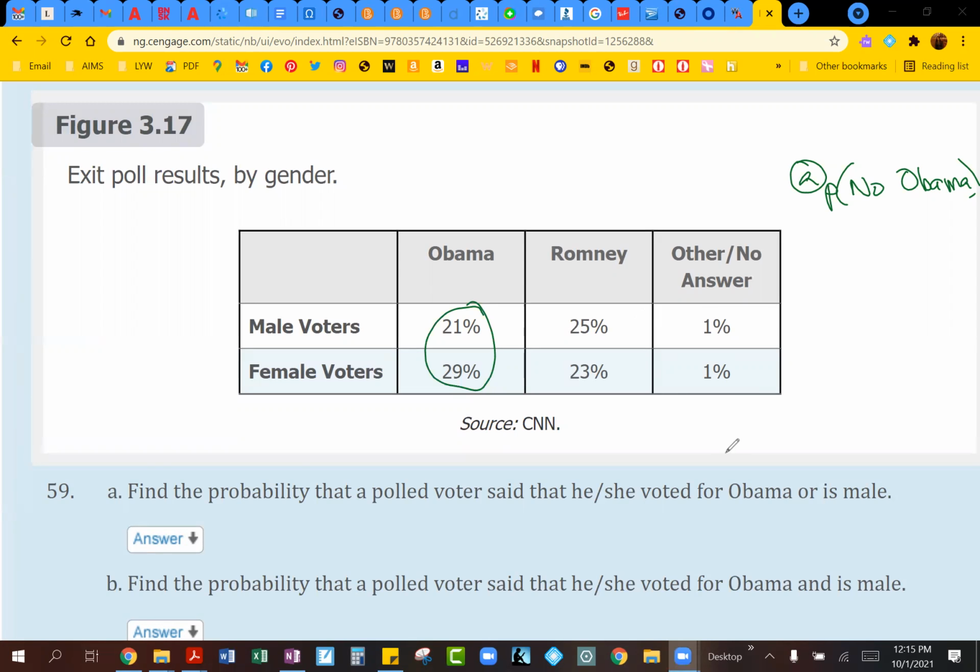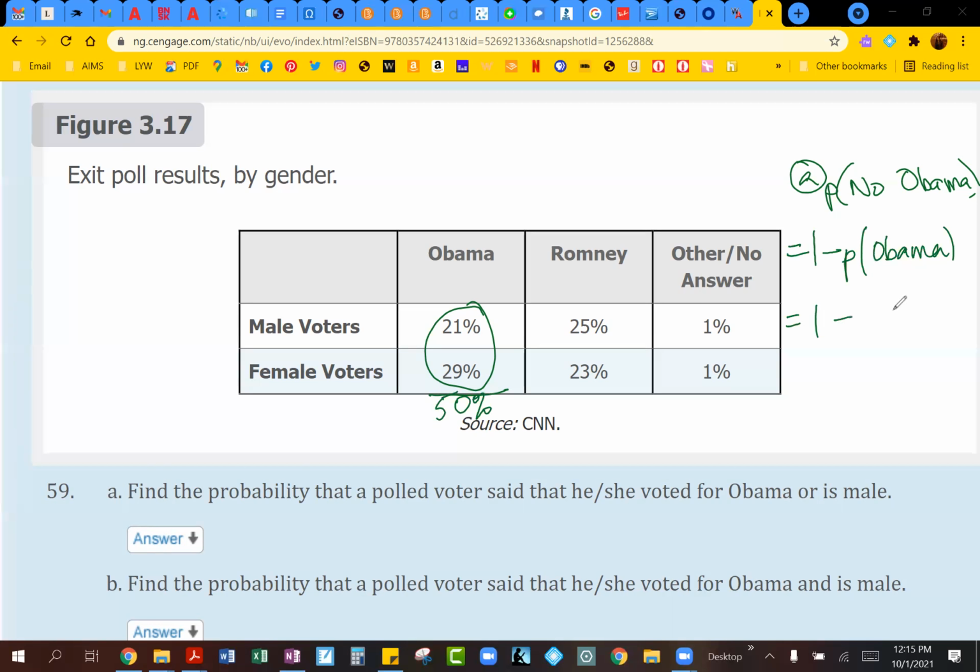Alrighty, I've got Brendan's answer. So let's see. If you are using the rule of complements, you will do 1 minus the people who voted for Obama. So if you add the total for people who voted for Obama, 9 plus 1 is going to be 10. So that's going to be a total of 50% of people who voted for Obama.